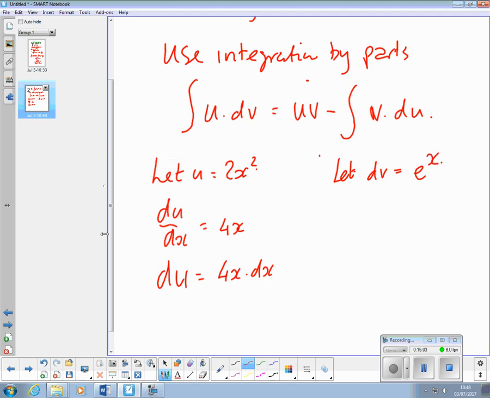Yeah. Then we integrate both sides of that. So if we integrate dv, we end up with v. And if we integrate e to the x, we end up with e to the x. That's that special one where there is no difference.